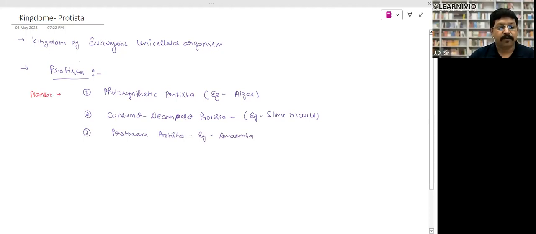From plantae, we have taken this part. From fungi, we have taken this part. And from animalia, we have taken this part. So we have taken out unicellular eukaryotic organisms from every kingdom and made a separate kingdom, that is the Protista kingdom. That's why Protista is called a mixed kingdom. Is that clear? Yes, sir. It is called a mixed kingdom.